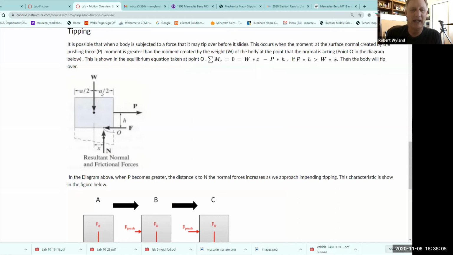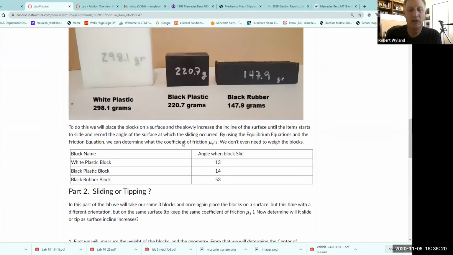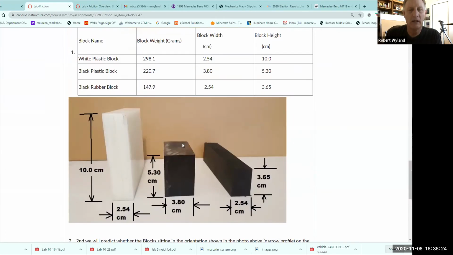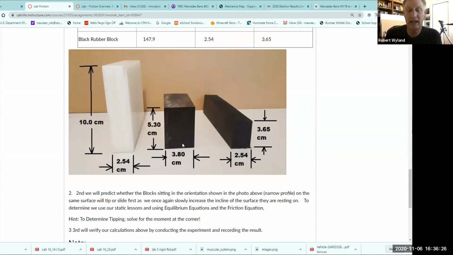We'll be looking at A/2 and X. And as David pointed out earlier in the lab, the way to figure out whether it tips over or not is to place N at the corner, so X is equal to A/2. That's the secret. Yes, and that's really it.